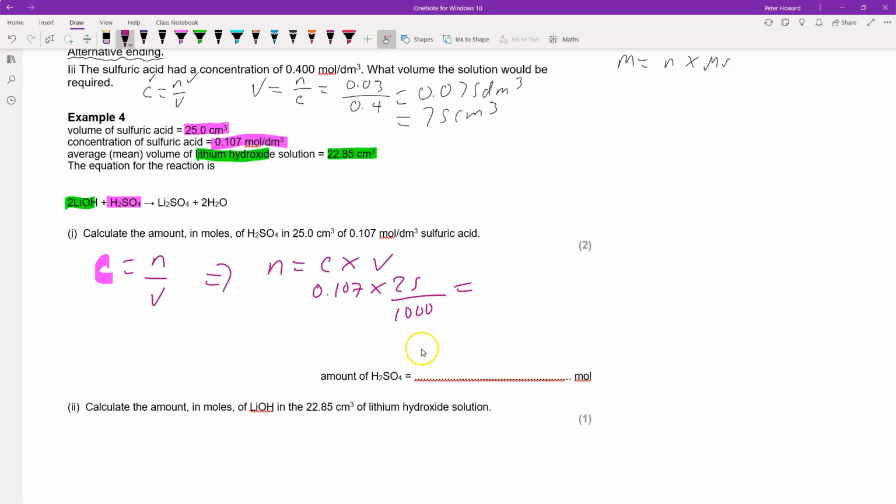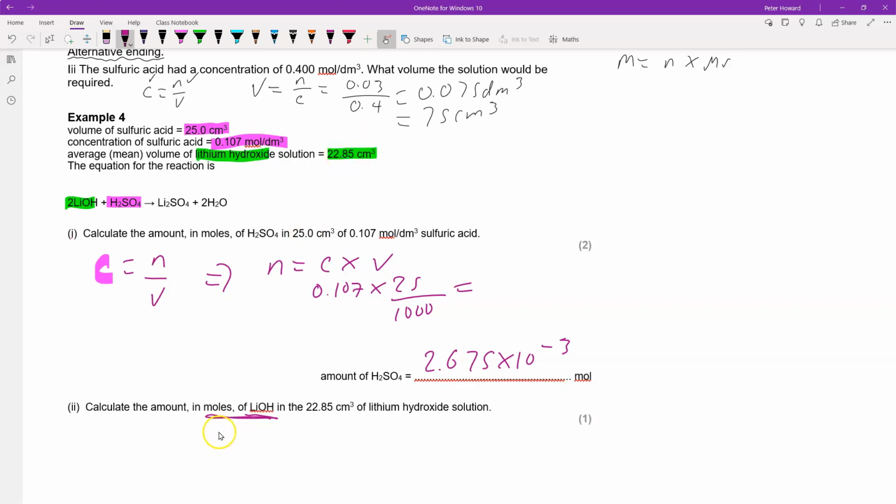You can see today the numbers are not quite as nice. So 2.675 times 10 to minus 3. So we've done a mole calculation. Probably going to be a ratio now. So number of moles of this, because obviously this 25 centimeters cubed reacted with this volume of lithium hydroxide.